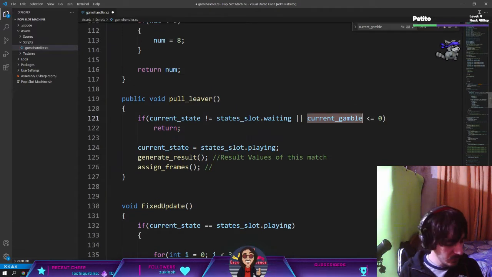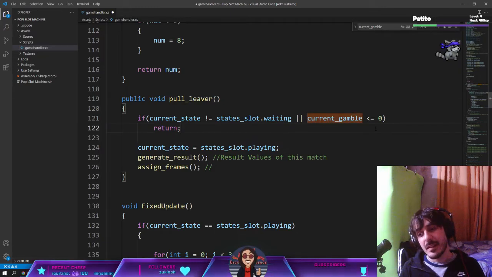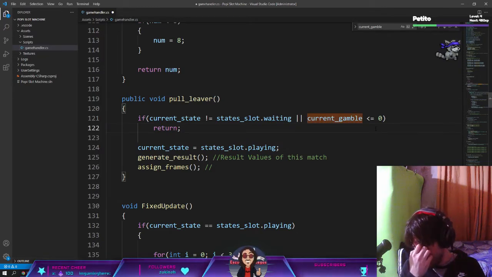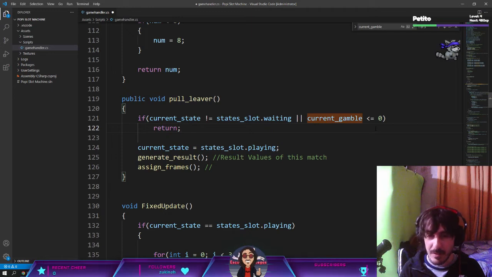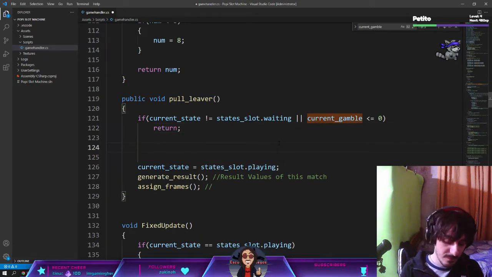But I have to check on each case if they are gambling. He has $5 and the cost is $10 because he's trying to gamble on the medium game mode. They can't, but if he tried to gamble on the cheapest mode, they have to. Yeah, they should play.